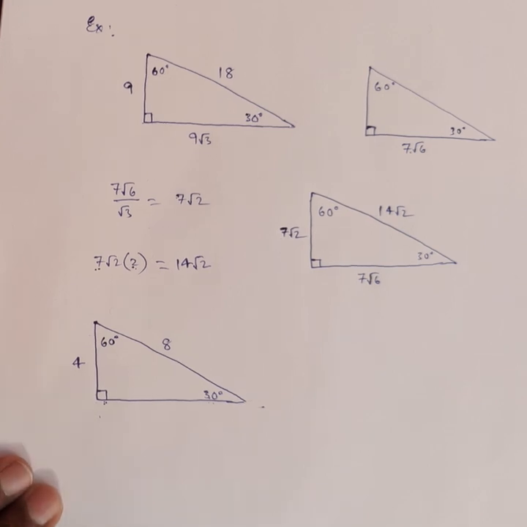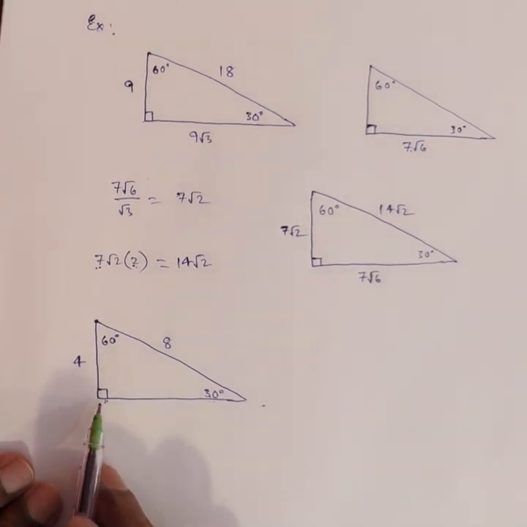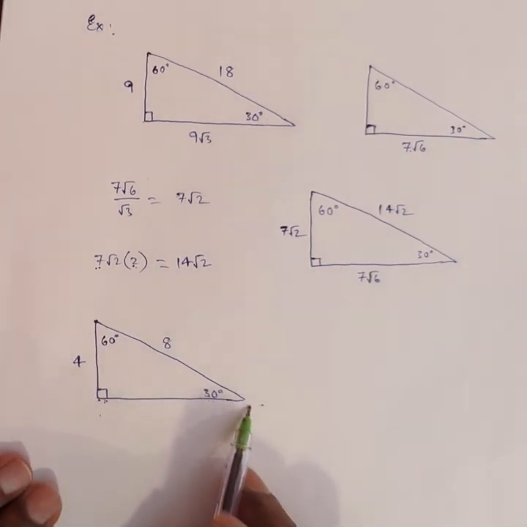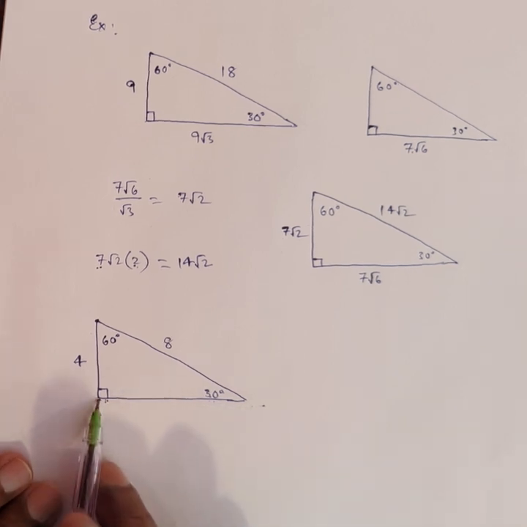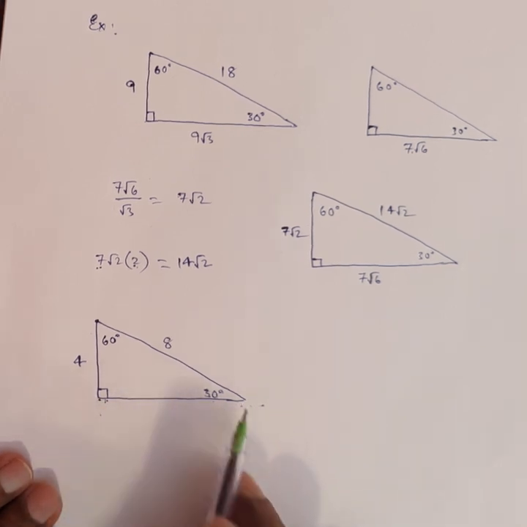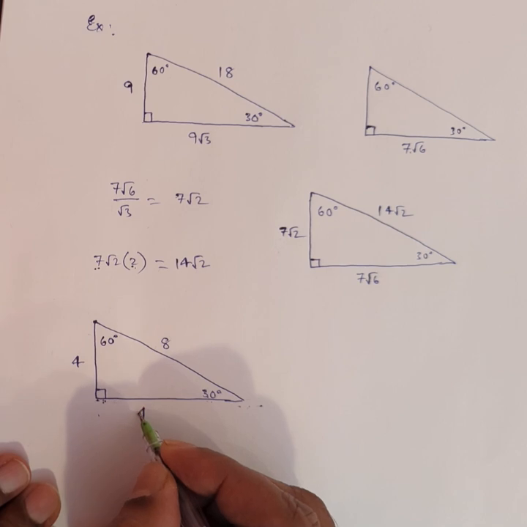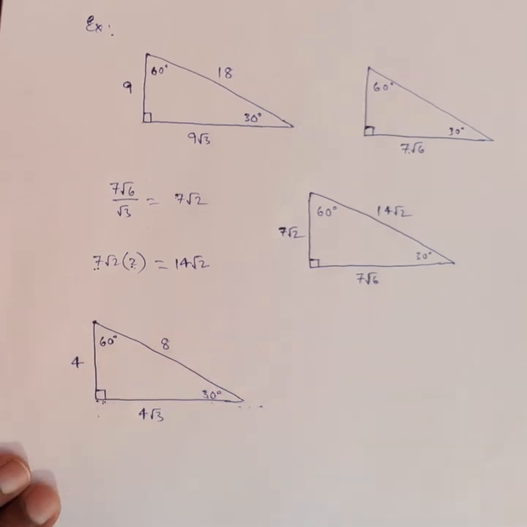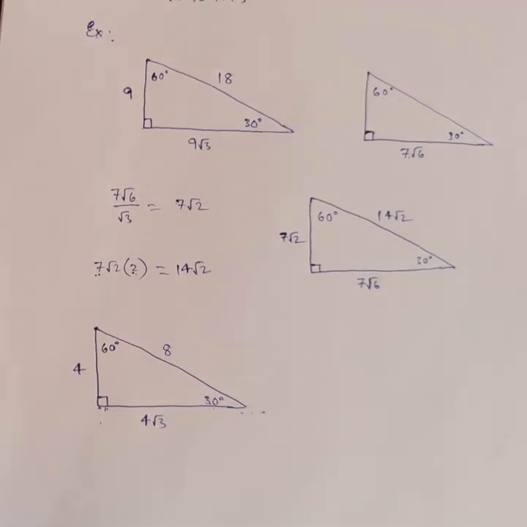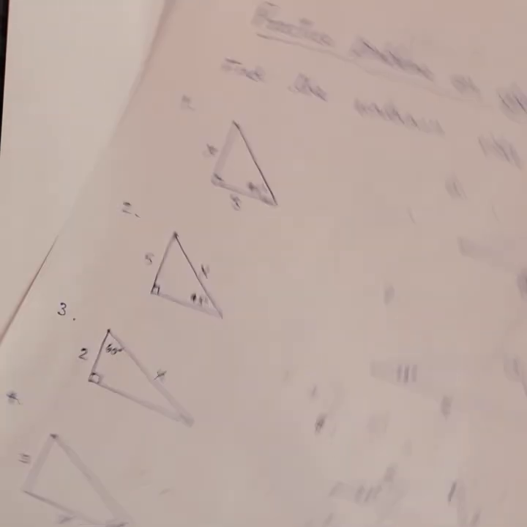So always find the short leg first, and then you can get the other side. So in this case, the long leg is 4 times square root 3. So that's what we have in special right triangles.